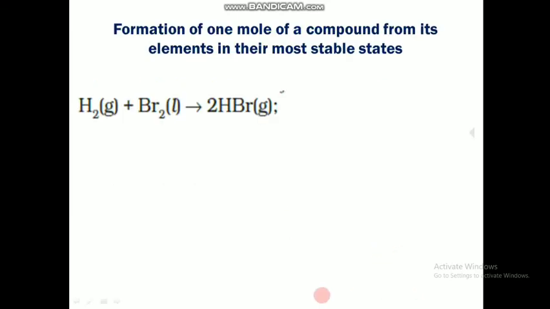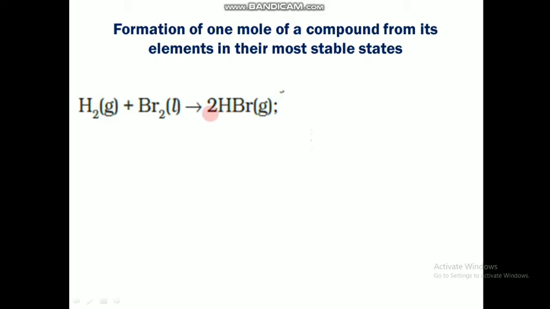Another condition: we will consider this reaction, H2 plus Br2 gives 2 HBr. Will this reaction show enthalpy of formation? The condition is that 1 mole of compound should be formed from its elemental stable states. In the reactant part, you can see the elemental forms of reactants which react to form HBr.